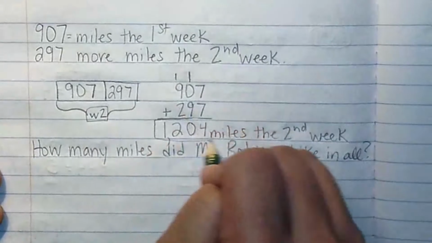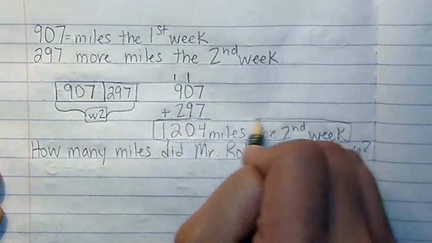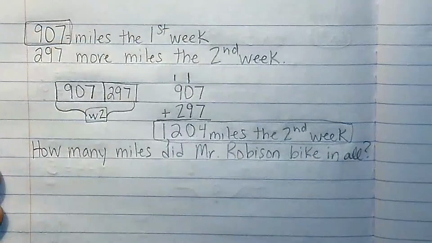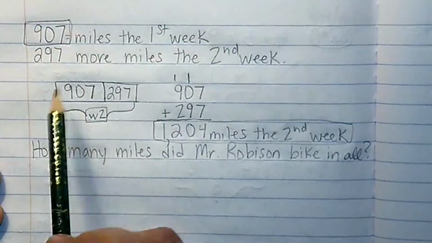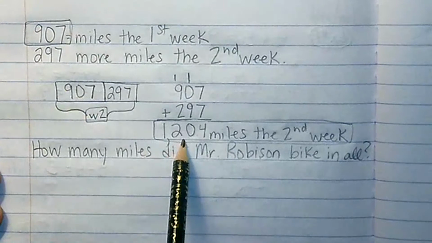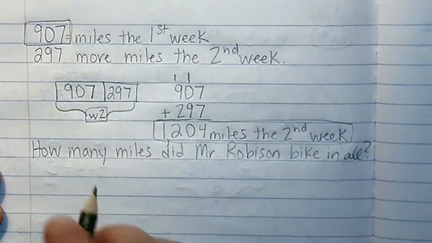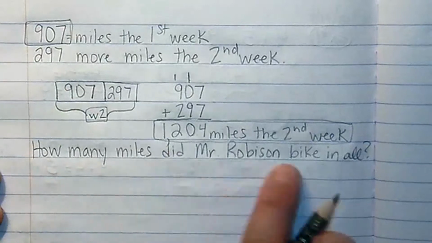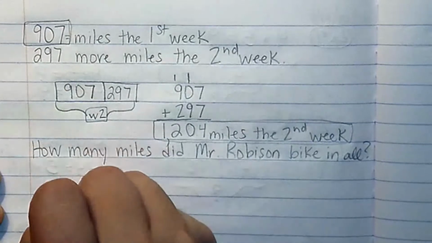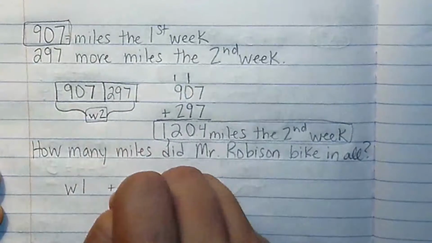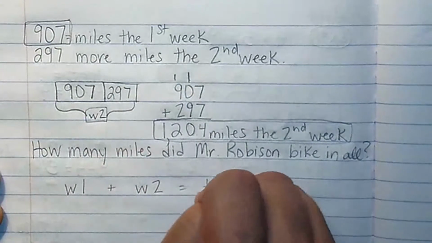This is the second week down here. This is the first week up there. Do you know what a too fast fourth grader would have done? A too fast fourth grader would have said that this was the answer. But it wasn't. So let's be very careful. How many miles did Mr. Robeson bike in all? We're going to take week 1 plus week 2, and that's going to give us our total.